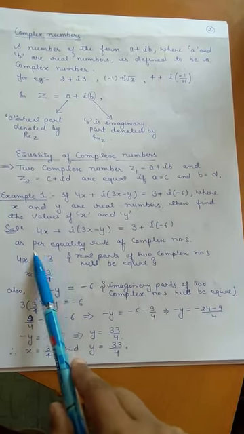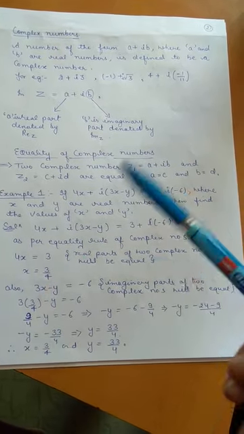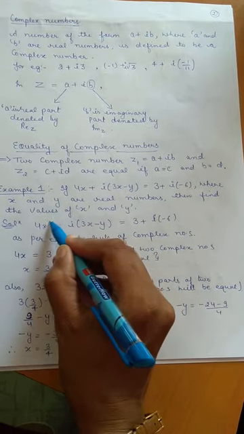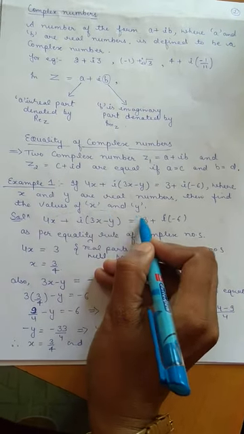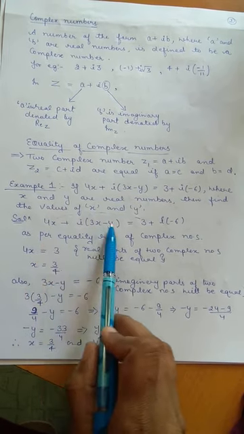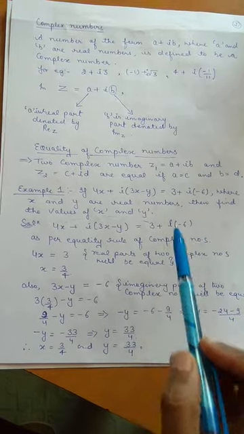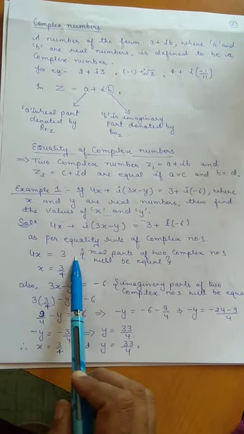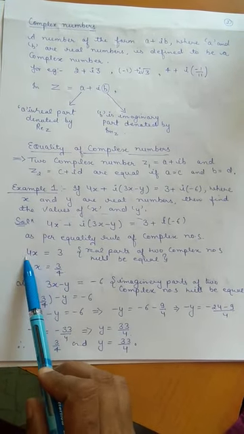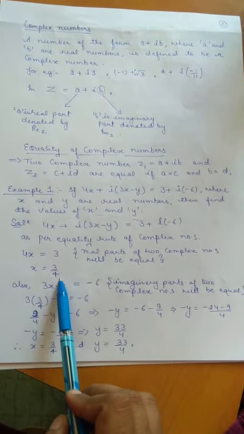Now as per the equality rule of complex numbers, 4x is equal to 3, because 4x is the real part of this complex number and 3 is the real part of the other. So when I equate them, this 4 comes in the denominator and x is 3 upon 4. Clear?